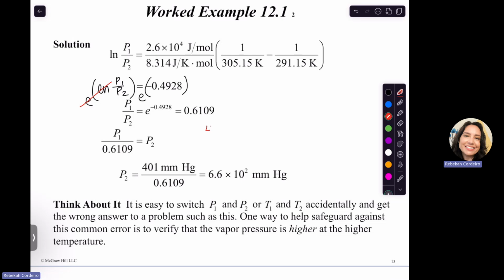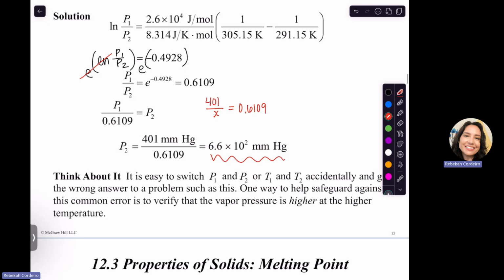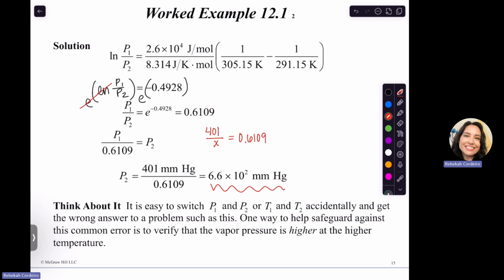I might have said 401 over X equals 0.6109, and that's going to give you the same thing. And that'll give you the pressure you're looking for. So it can seem really daunting. Just take it step by step and remember the algebra that you know and love, hopefully. It also applies to this.